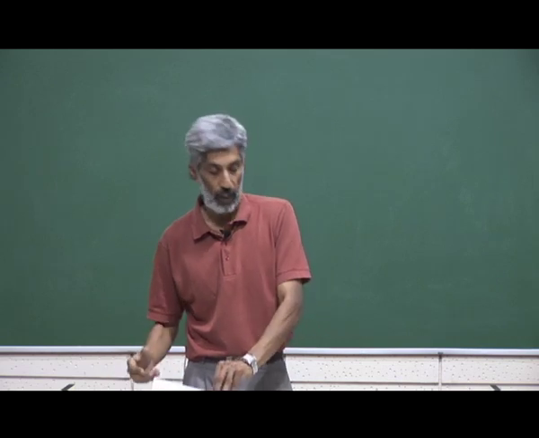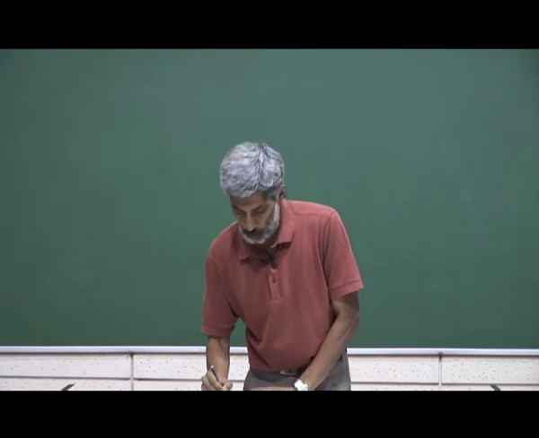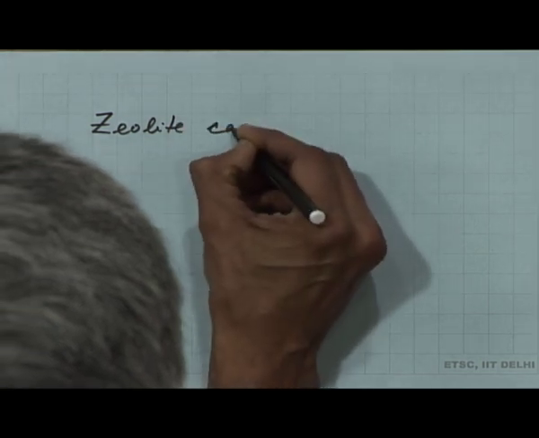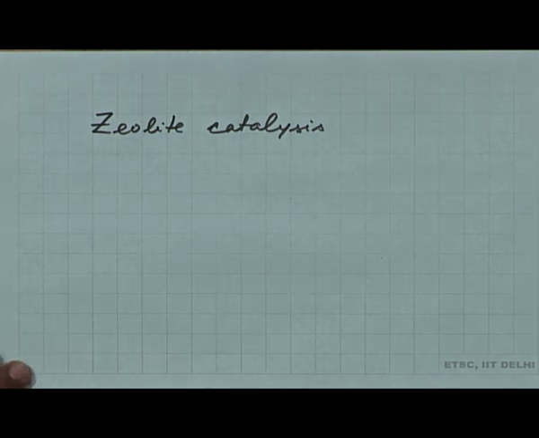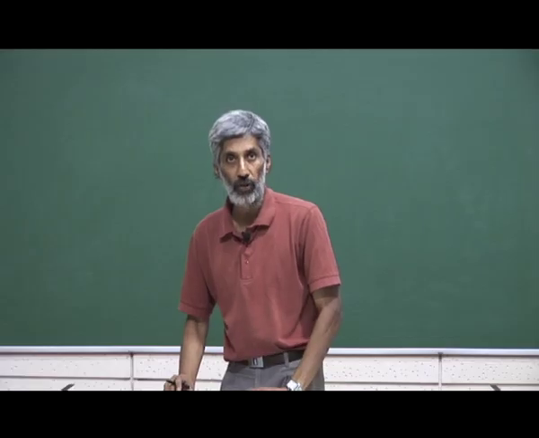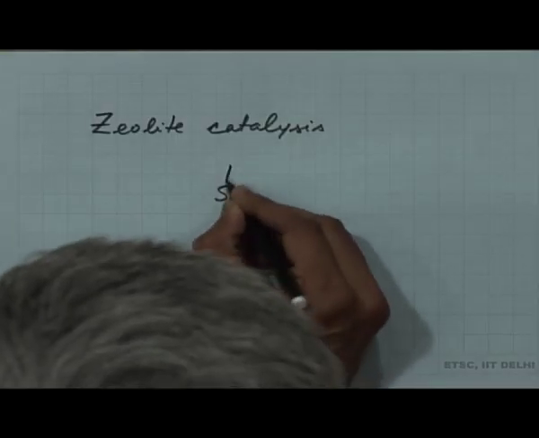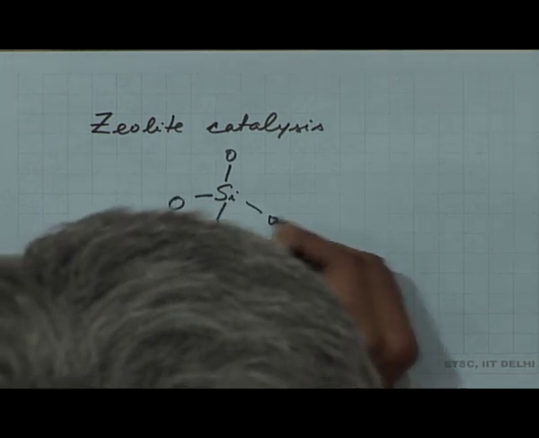There are two further things that we will need to look at. One is zeolite catalysis, which I will discuss next. This is something that you might have encountered in your study of inorganic chemistry. Zeolites, you must know of the silicate tetrahedra.